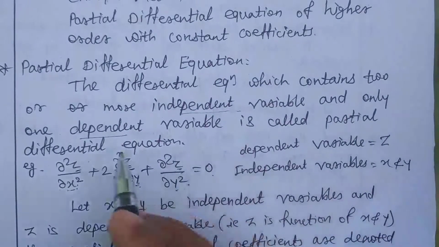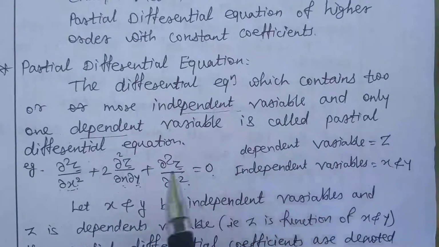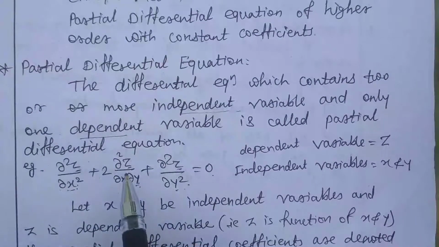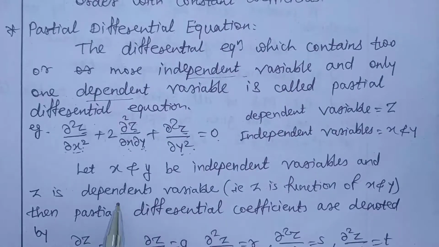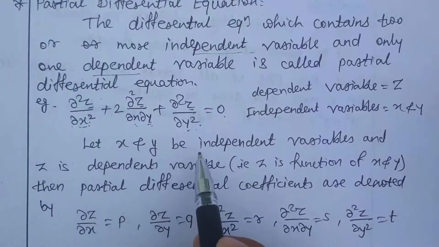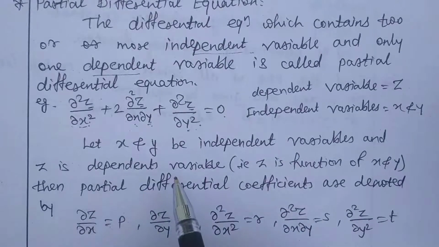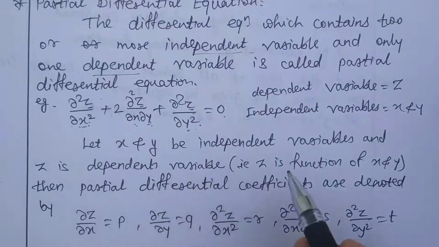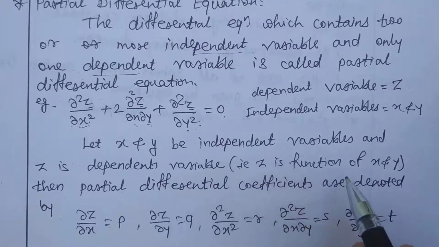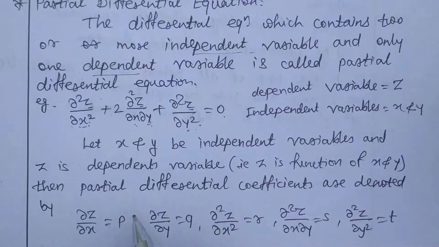There are two independent variables and only one dependent variable, so the differential equation is a partial differential equation. Here x and y are the independent variables and z is the dependent variable. In other words, z is a function of x and y.